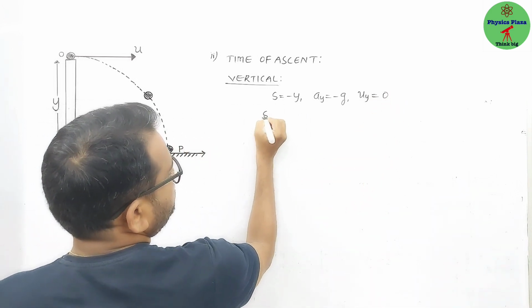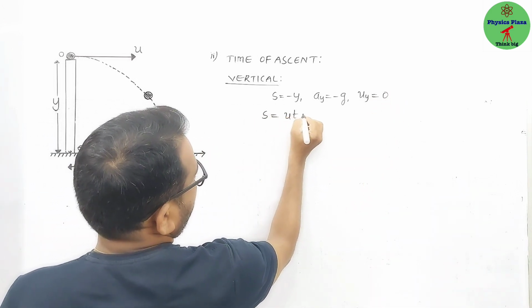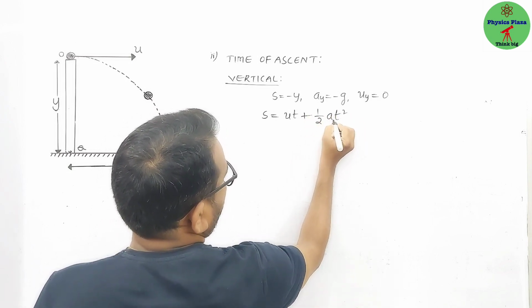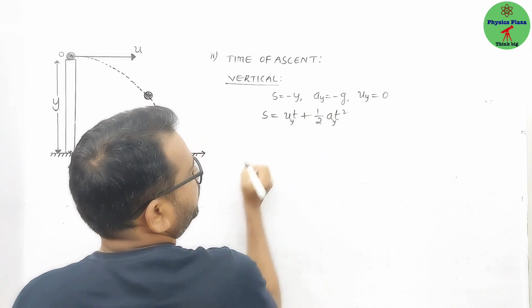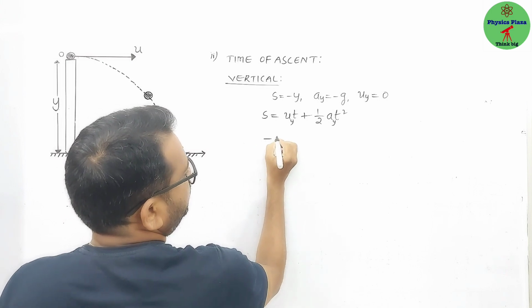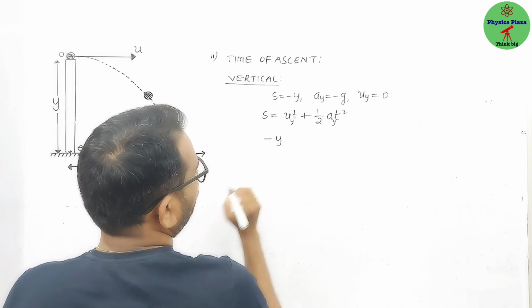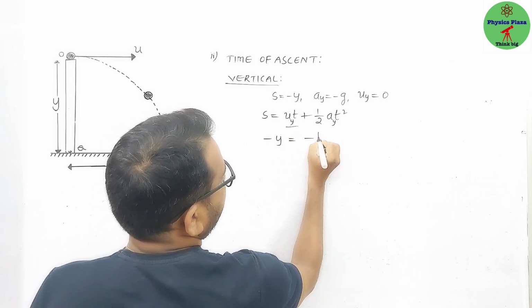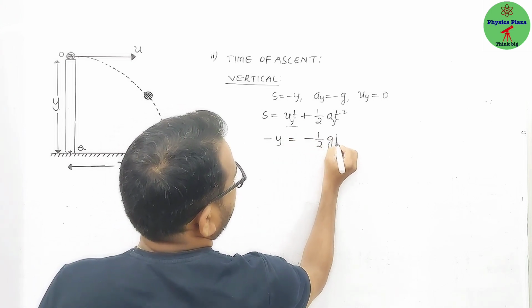So we know that s is equal to ut plus half at square. This is all in the y direction, vertically. This is minus y, and this is equal to 0 plus minus half g t square.